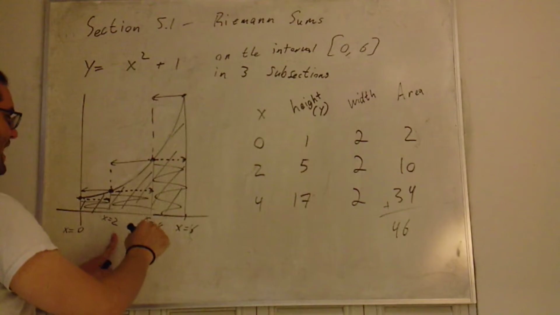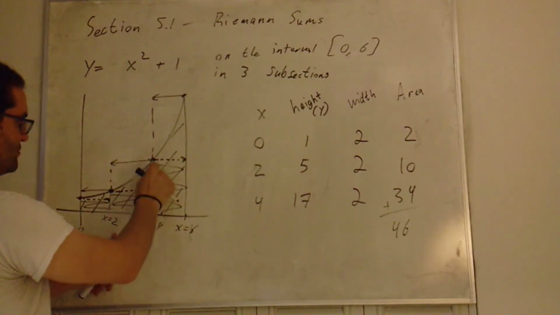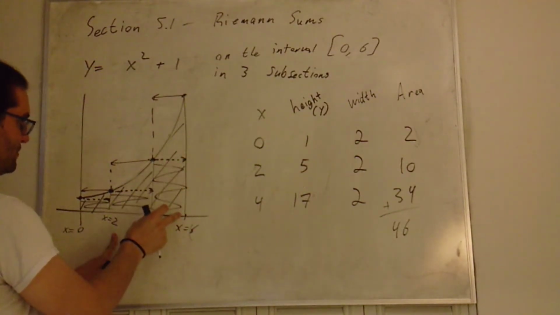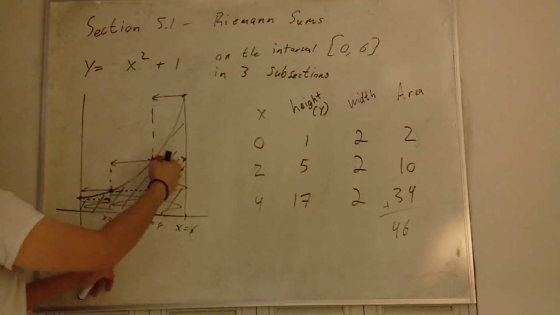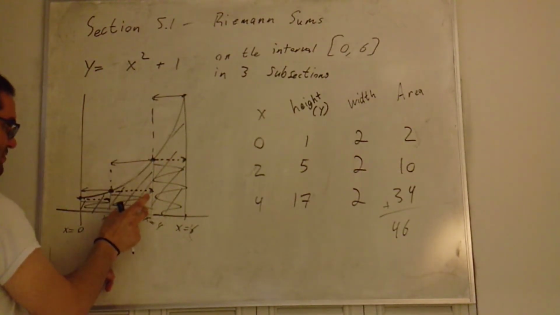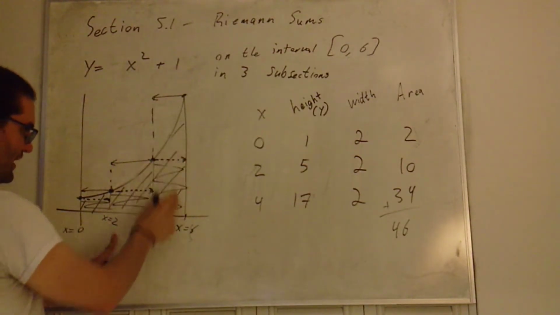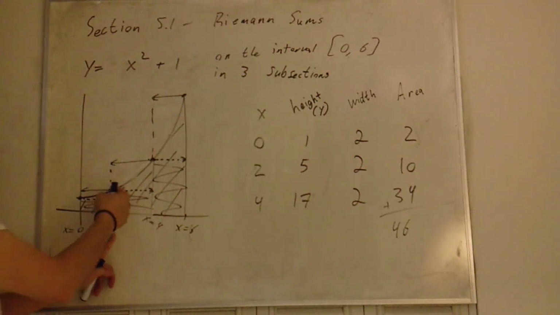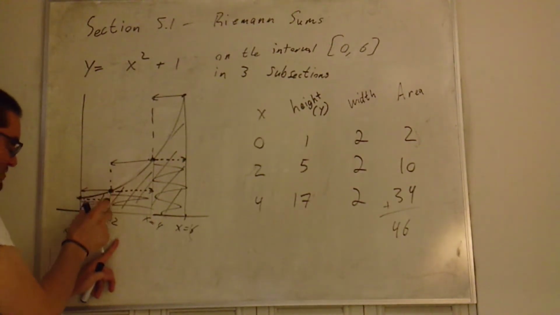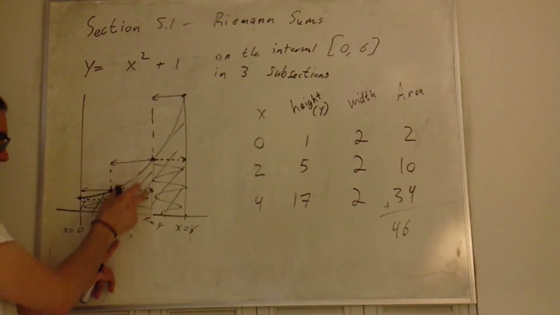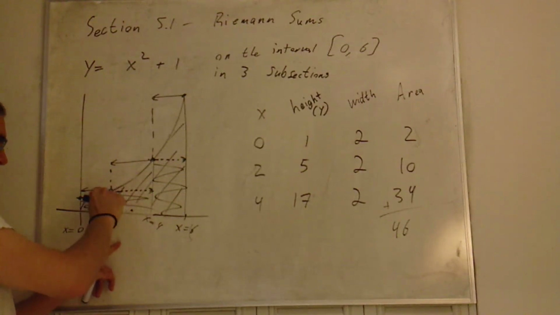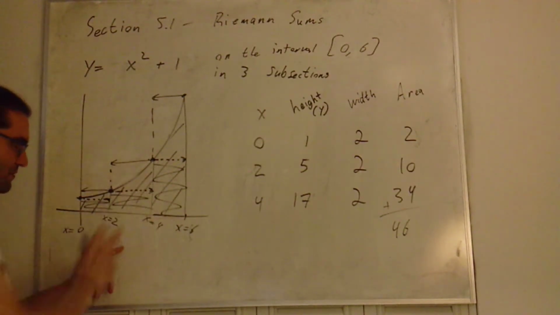We already have an x equals 4 rectangle with a width of 2. This rectangle that goes backwards from 4 and has a width of 2 should be the same as this rectangle that we already did that goes forward from 4 and has a width of 2. And this rectangle that goes backwards from x equals 2 and has a width of 2 should be the same as this other rectangle that we started with that goes forward from 2 and has a width of 2.